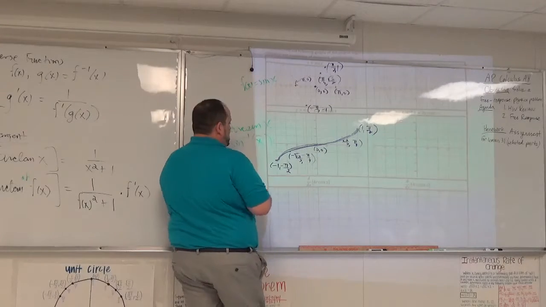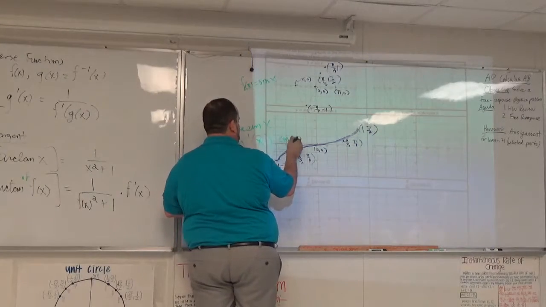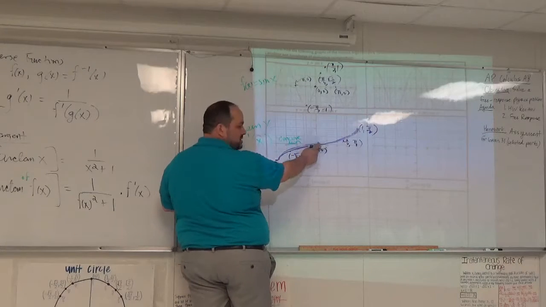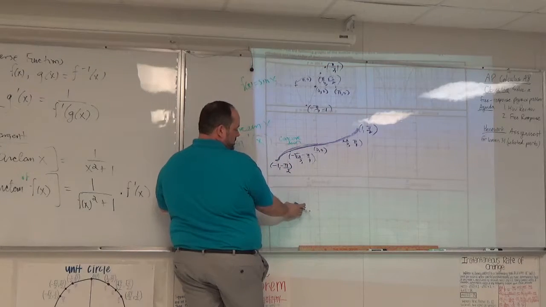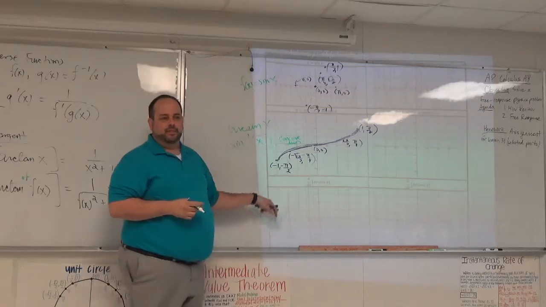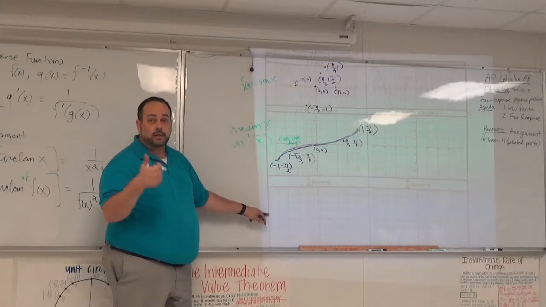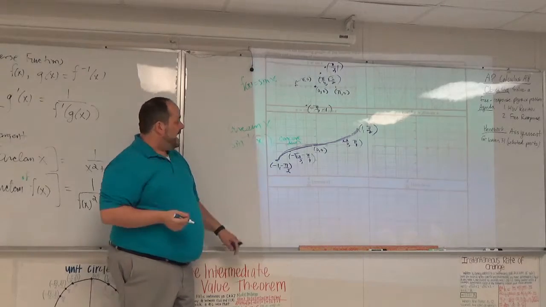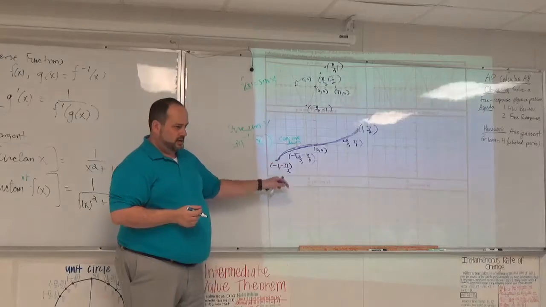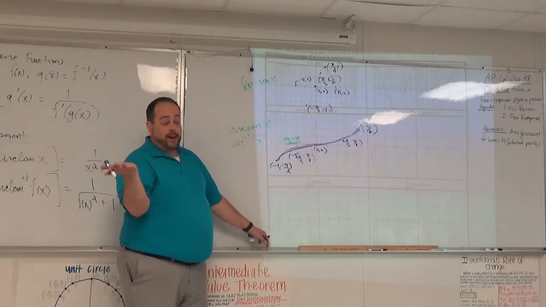So I agree, we are concave down from negative 1 to 0, so that means down here. If this guy is concave down, then the derivative graph has to be decreasing. I can also say that my purple graph is always increasing, so my derivative graph is always positive.